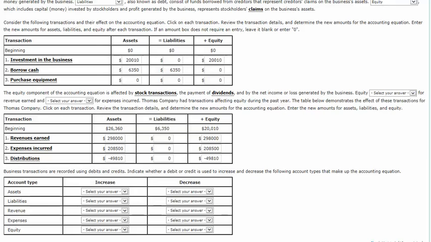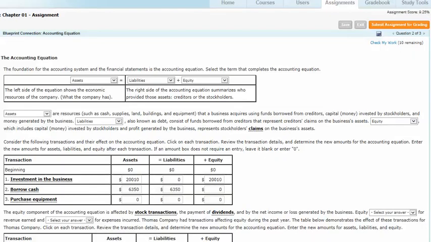So we're going to debit things to increase assets because it's on the left side of the accounting equation. If we look at the accounting equation back up here, assets are on the left side of the equal sign. That's the debit side. And the right side of the equal sign is the credit side. Right meaning credit.